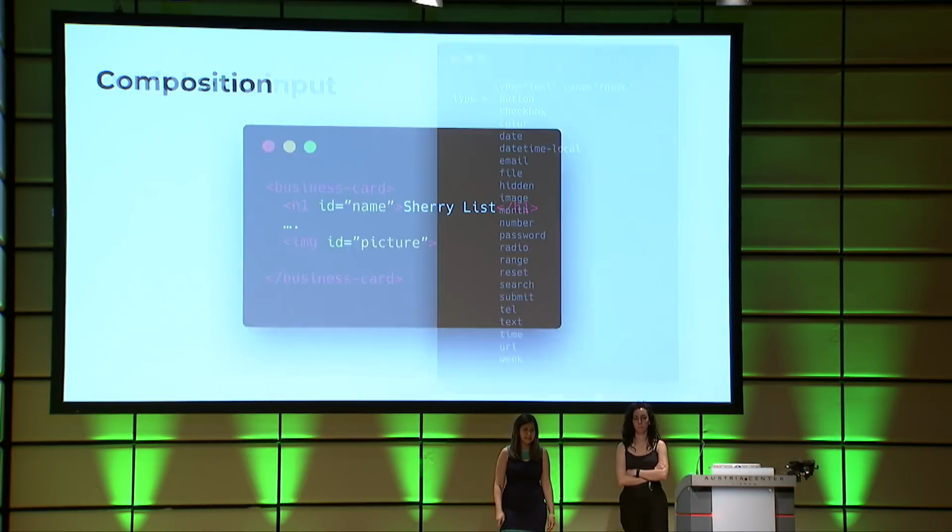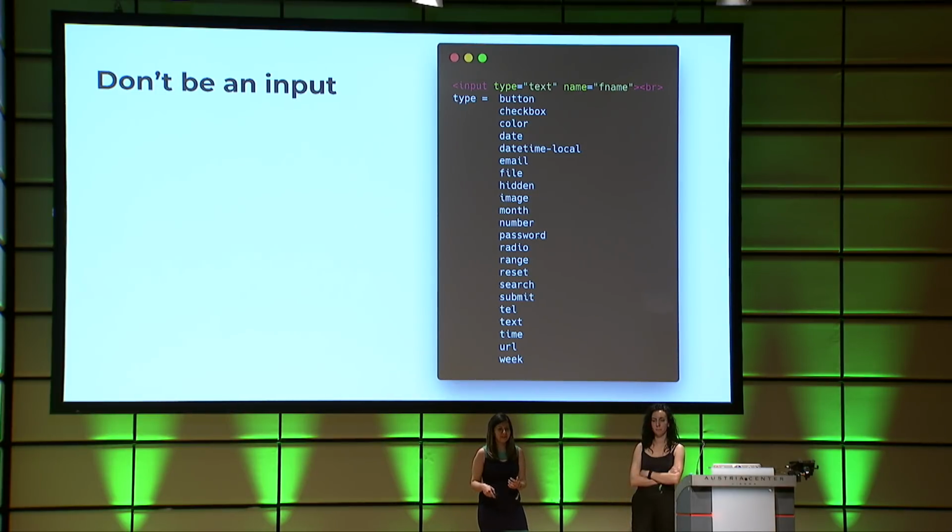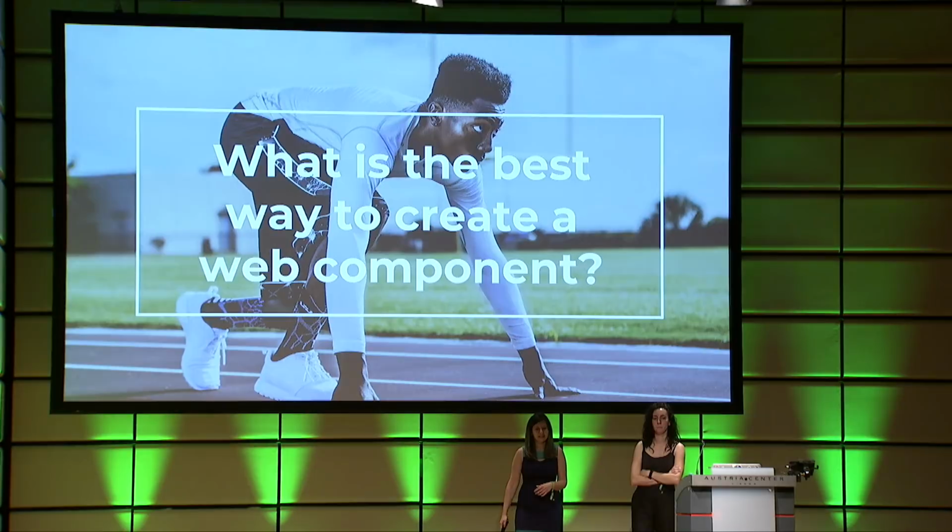But if you need to go for inheritance, especially if you want to inherit from a native element, you should be able to support all of the API that it has. I know this is a very extreme example, that input has all of these types, but your end users, the developers, might use them. So your code should be totally ready for all of that. So think twice if you go for inheritance.